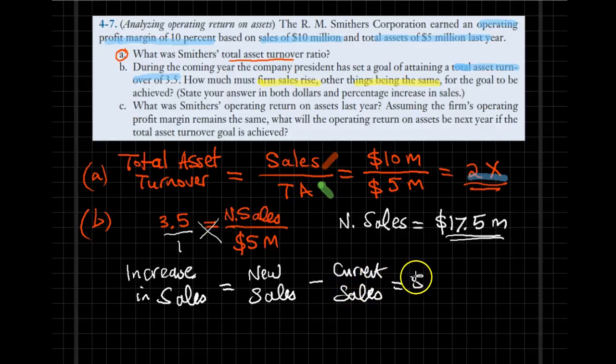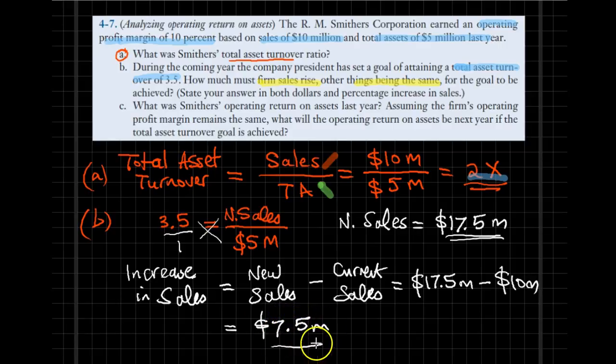So new sales is, well, sales has to go up all the way to 17.5 million, whereas currently it's only at $10 million. So therefore the increase in sales in order to achieve our goal is $7.5 million. We need to increase sales by this amount.